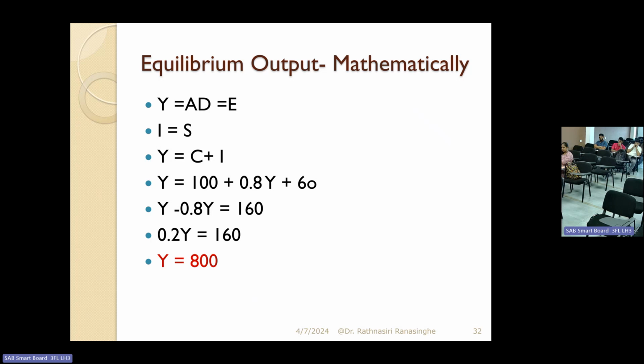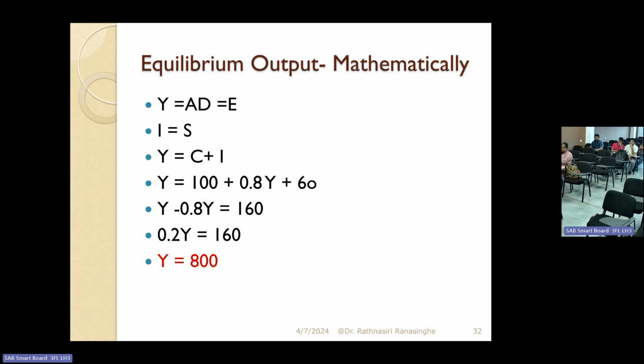Since we have a simple economy model, our equilibrium income equation is Y equals C plus I. Substitute the consumption function, 100 plus 0.8Y, and investment 60. Then simplify: take the Y terms to one side and the autonomous expenditure to the right side. So Y minus 0.8Y equals 160, then 0.2Y equals 160, Y equals 800. Like that, we identify the equilibrium income.